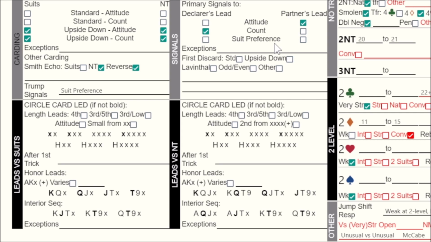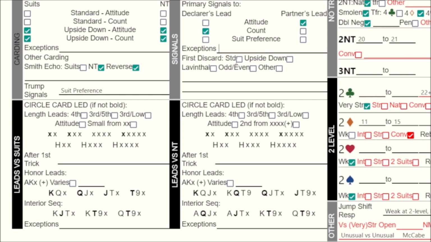Exceptions: you might play suit preference at trick 1. Or we give count if partner leads the king. Or whatever. I play count on king lead at the 5 level or higher. So that would be the kind of exceptions that we're talking about.